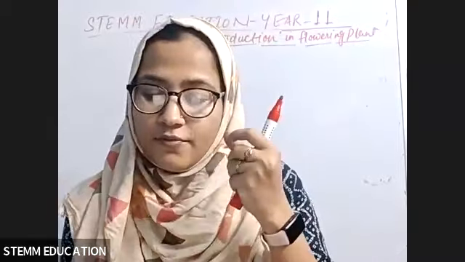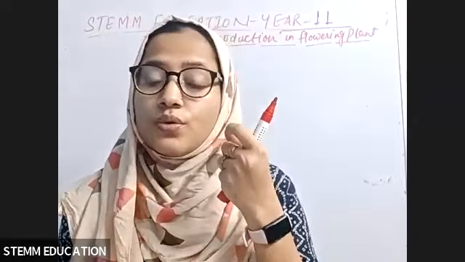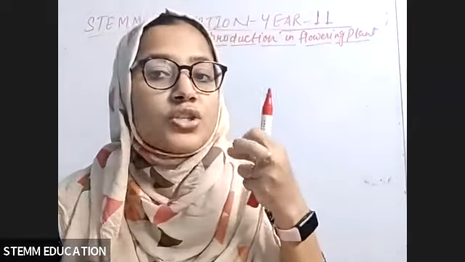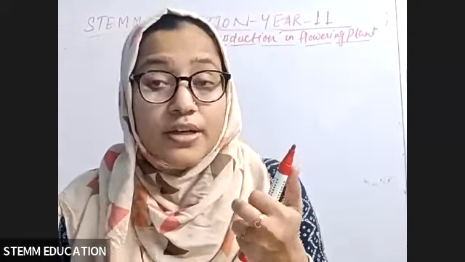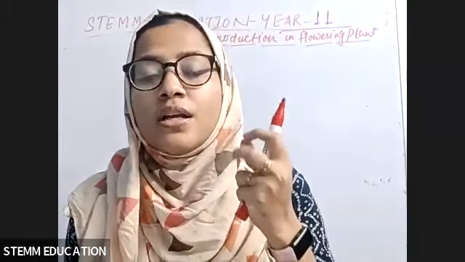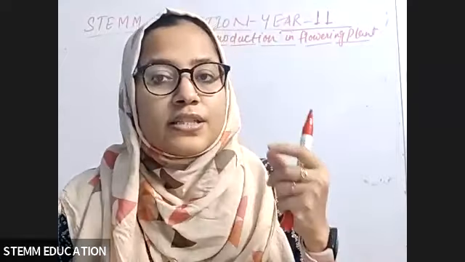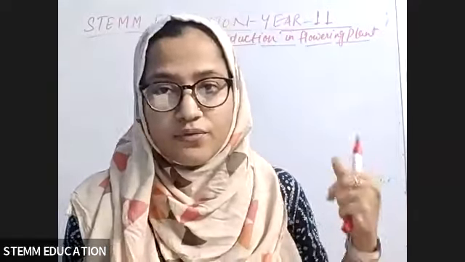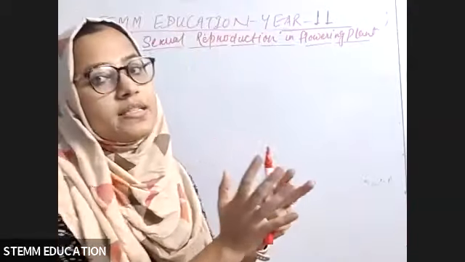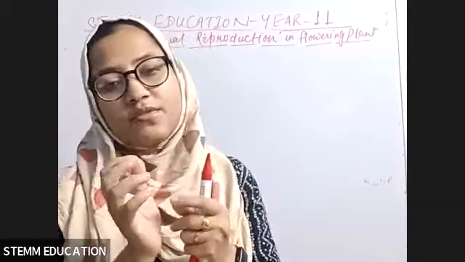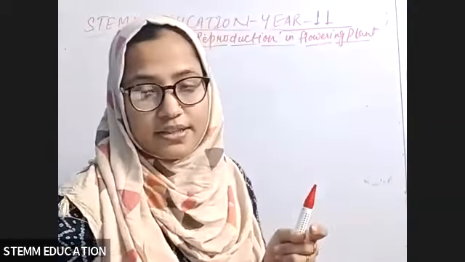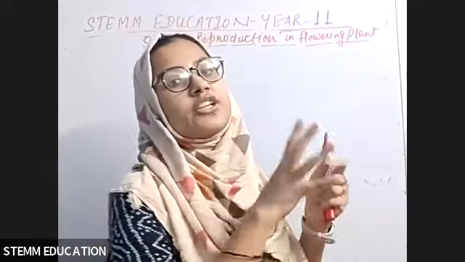In this class, we will understand which parts of the flower are known as the reproductive parts. Not every part is a reproductive part. There are several parts which are considered reproductive parts because they take part in reproduction.